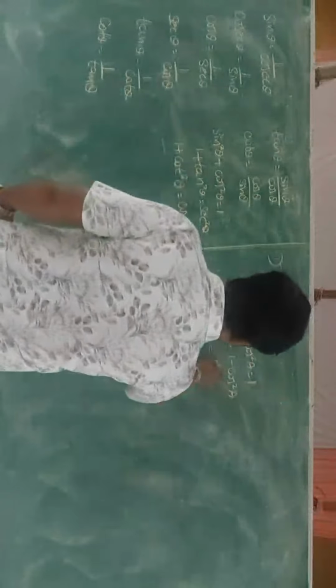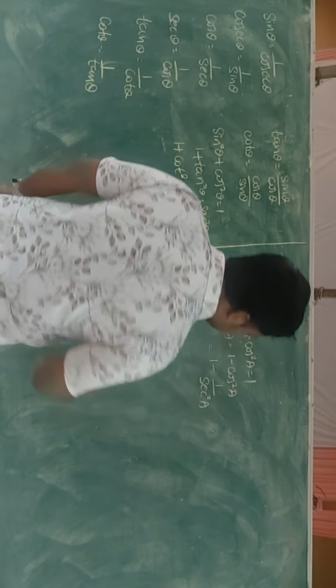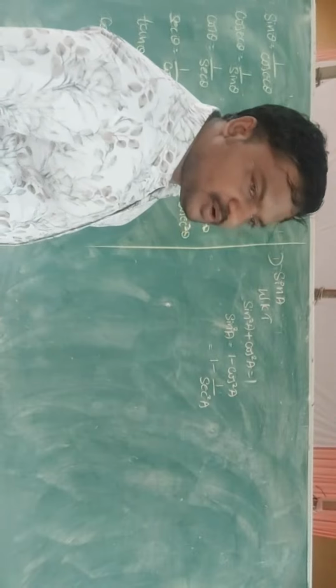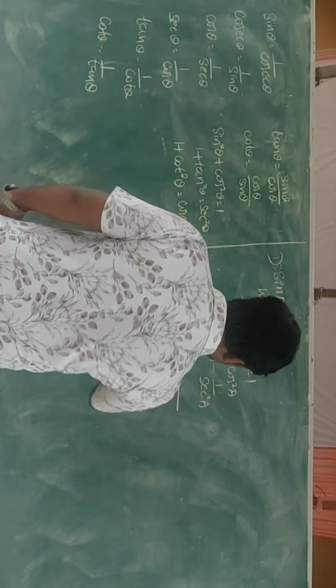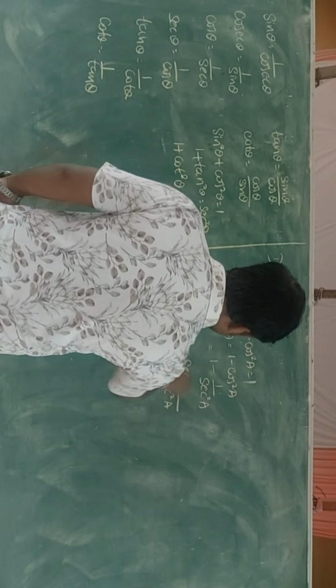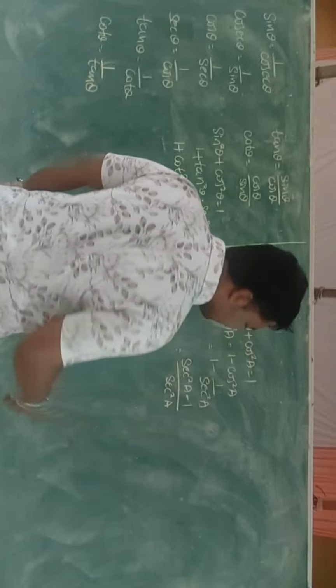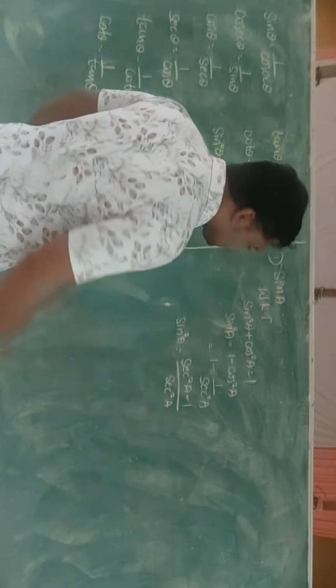So cos we can write as 1 upon sec A, because cos theta is nothing but 1 upon sec theta. So now we can take LCM. LCM is sec square A. Cross multiplication: sec square A minus 1. So sin square A is equal to sec square A minus 1 upon sec square A.